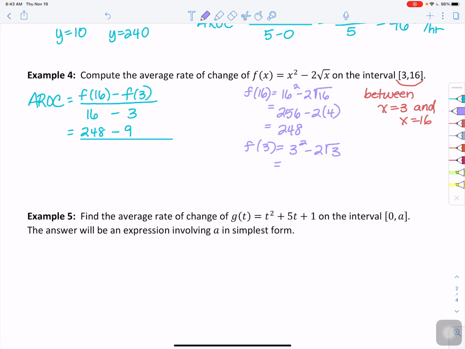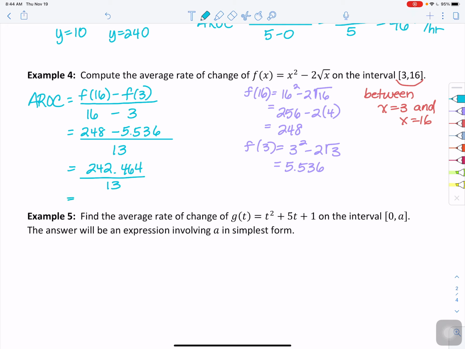And that's 5.536, all divided by 13. And let's see if we can find that. 248 minus 5.536 we get 242.464 divided by 13.